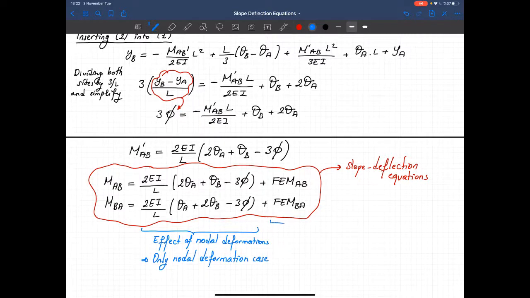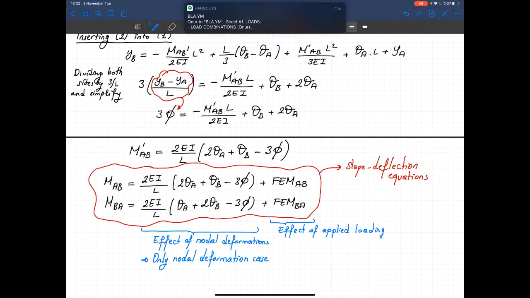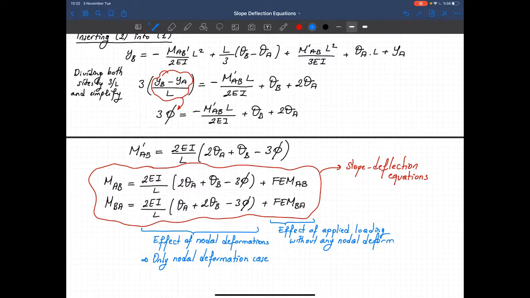And this part of the equation is the fixed moments, the effect of applied loading without any nodal deformation. So our next task is to figure out what these fixed moments are.